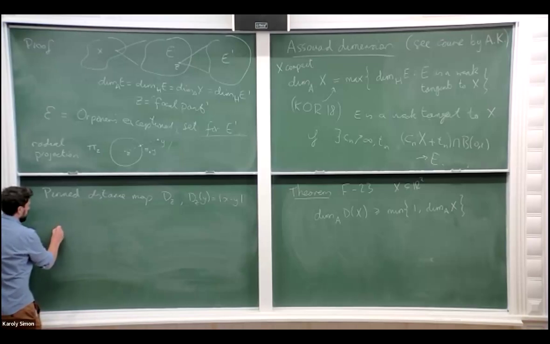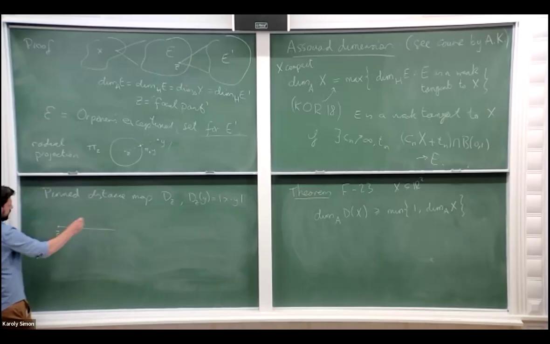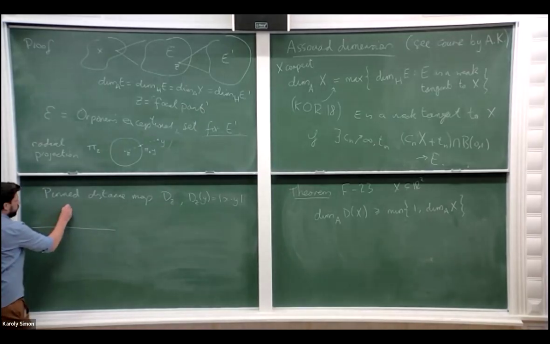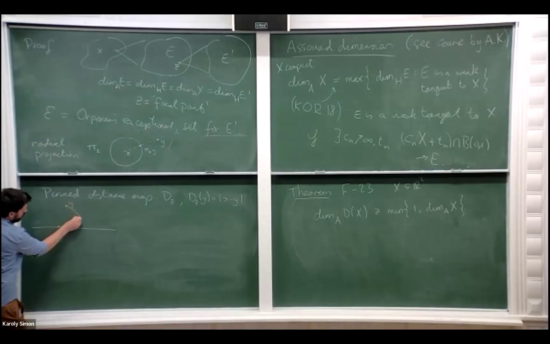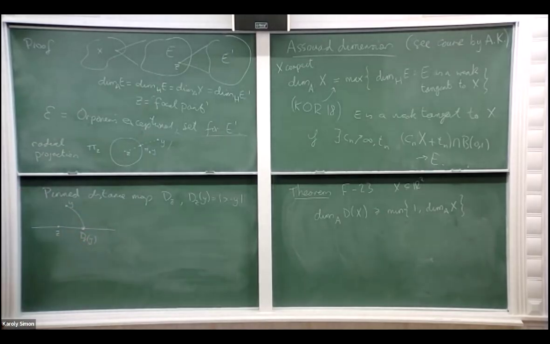Here is Z. This time, I pretend that this is the real line by translating Z, then a point Y will project nonlinearly to this number, the distance between Z and Y, if I abuse notation by pretending that Z is at the origin. So these are two types of nonlinear projections.